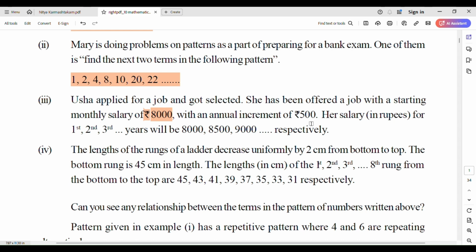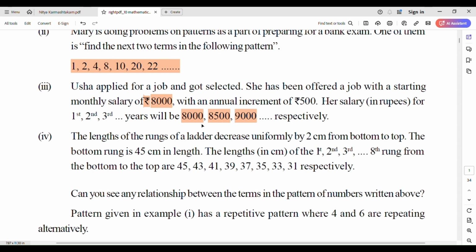Her first salary is 8,000, after 1 year she will get 8,500, next year she will get 9,000 and so on. Here we can see a pattern, right? Every year she gets 500 rupees more per month in monthly salary. So there is some pattern here.